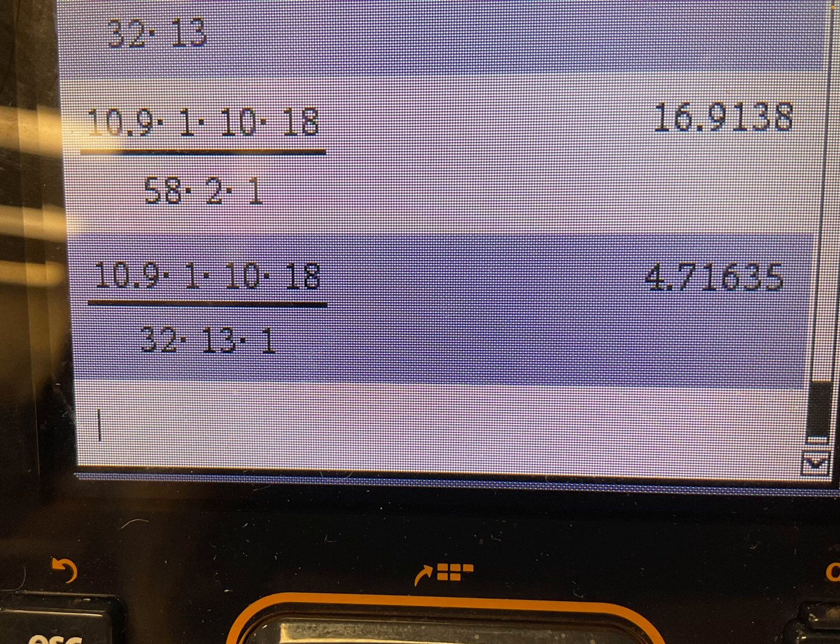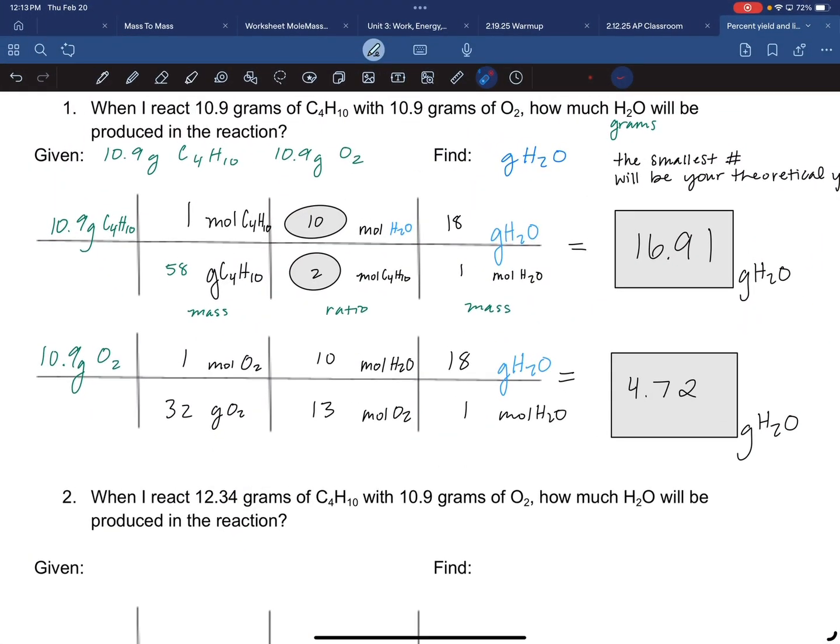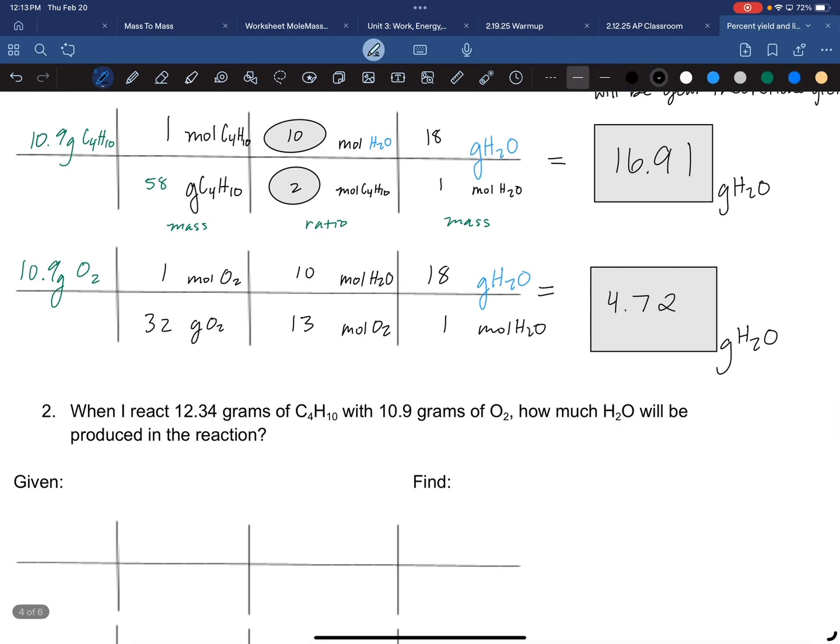Look at my calculator, look at yours. Which one is the smaller number? 4.72. This number is very important because this is the product that we will theoretically find. We're never going to find 16.91 grams of H2O. We are going to find 4.72. So this is my theoretical yield.